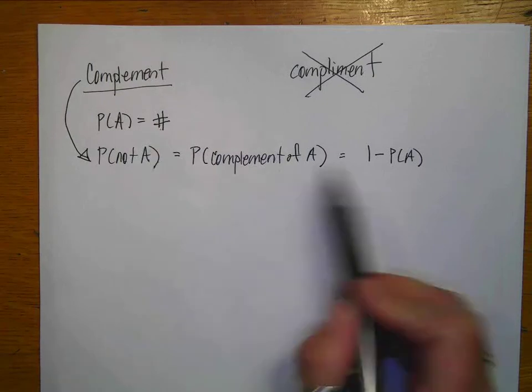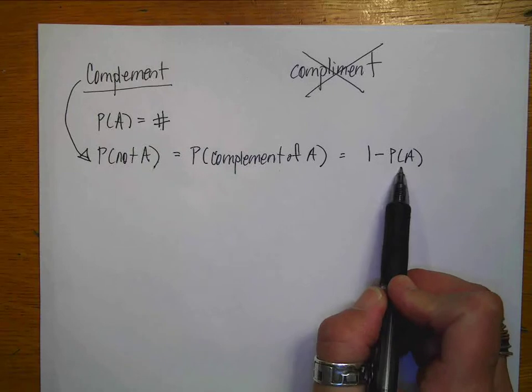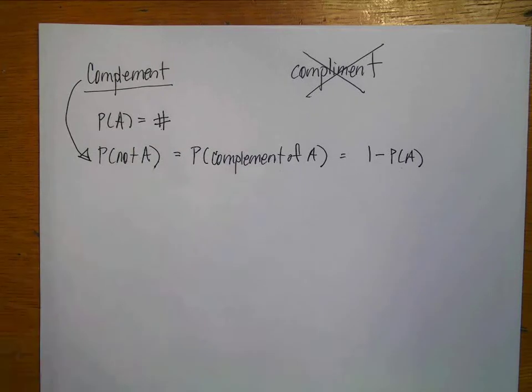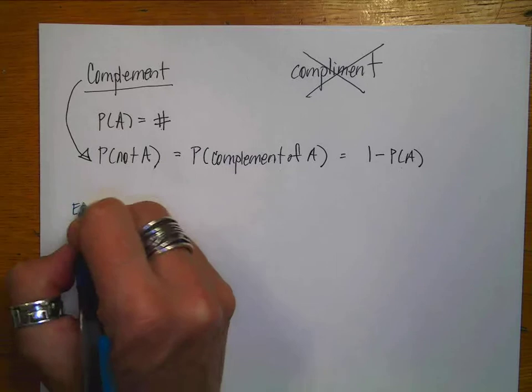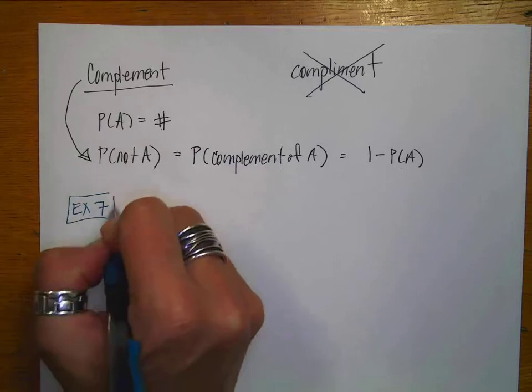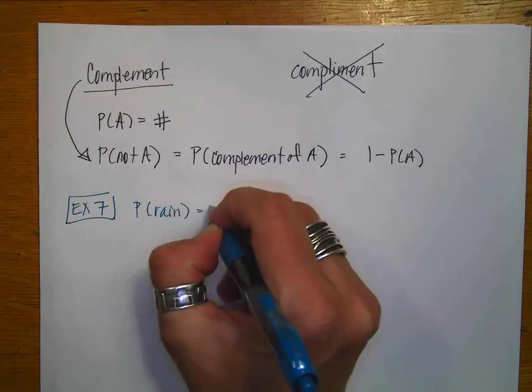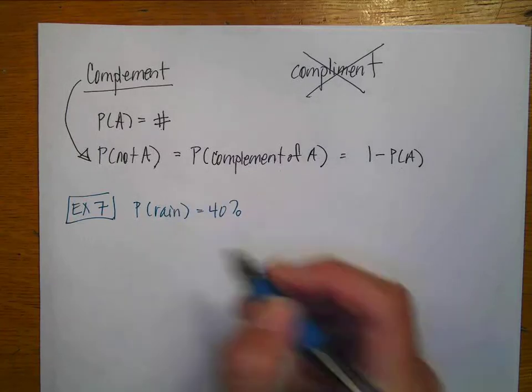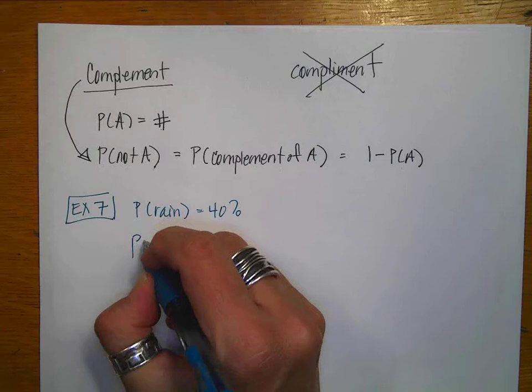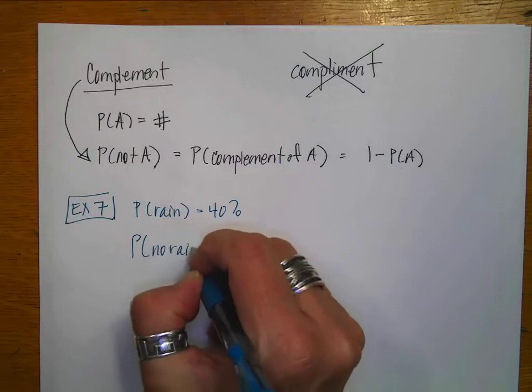So the probability that something happens is a number. The probability of the complement is 1 minus that number. Okay? So for your last example, example number 7, let's say the probability of rain is 40%.